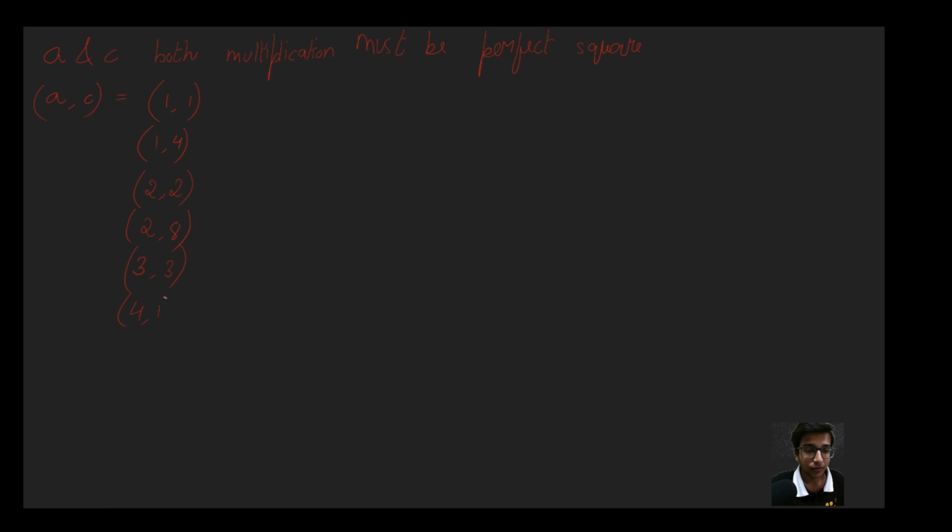Now let's take A to be 4 and C would be 1. If we have 4, then we can also have 4 comma 4 as well. Then we have 5. Then for 6 we have 6 comma 6. 6 with 1, 2, 3, 4 does not satisfy, so 6 comma 6. What else can we have? 7 comma 7, and 8 comma 8 would also satisfy.